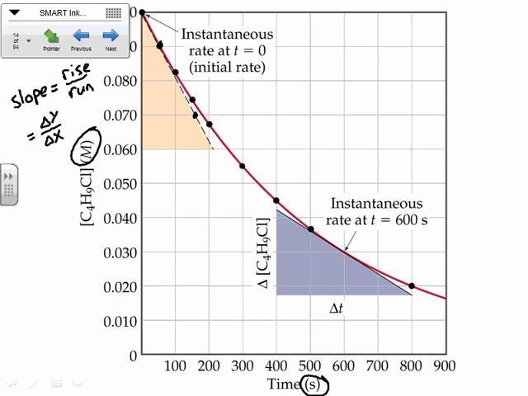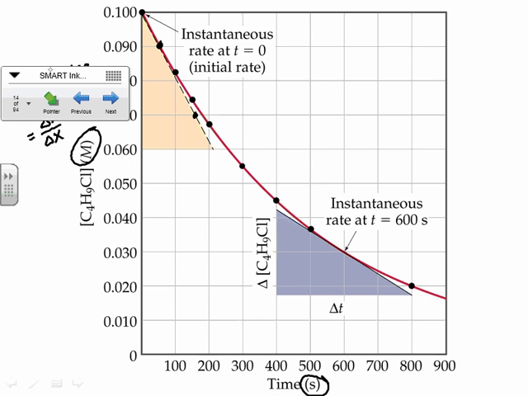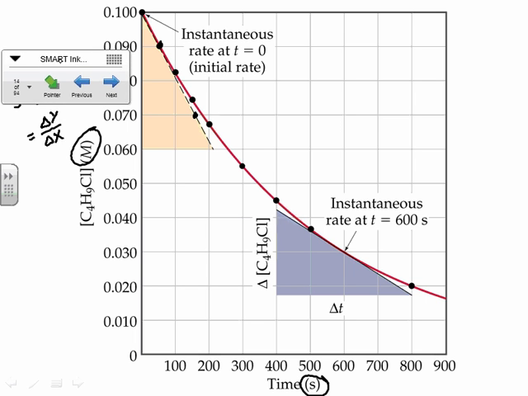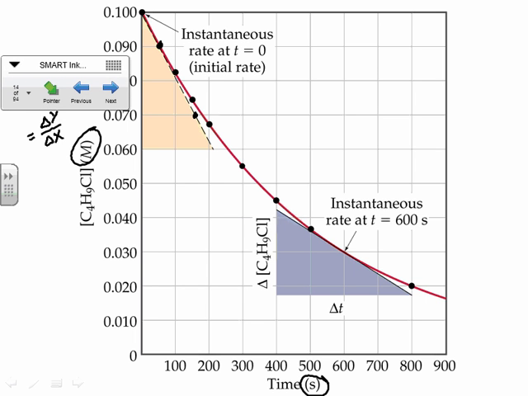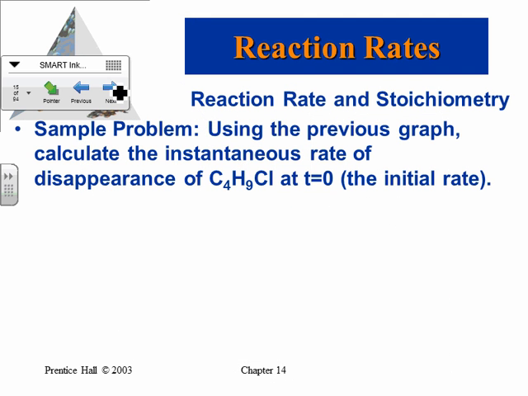I'm going to have to estimate a little bit here. Move this so you can see it. Our two y values here are 0.090 and 0.070. I'm being a little lazy with my units there.